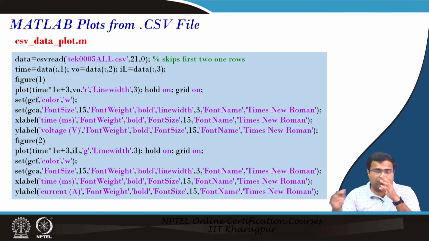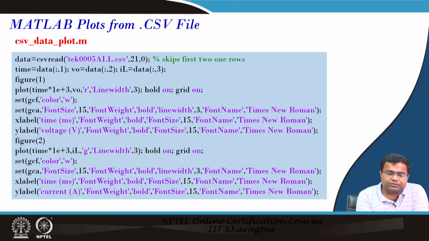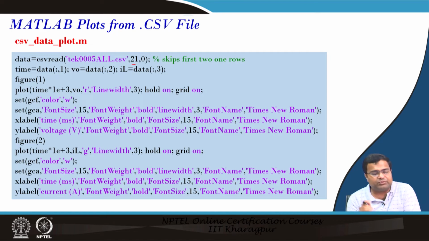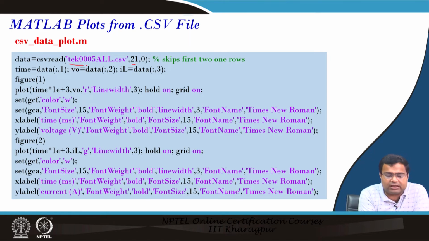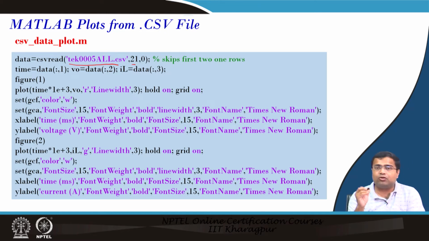When you have to read the data, you start from row 21, skipping the rows above, or you can remove them. Then you recall the file name is stored as tek0005ALL.CSV. Now, for this CSV file, we have discussed how to capture the workspace data in MATLAB.